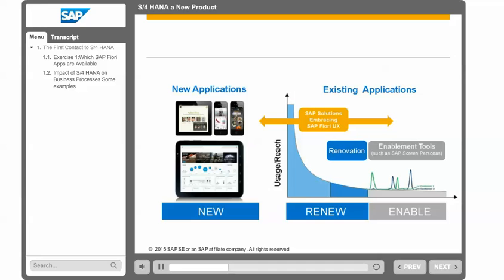SAP have also developed not just new Fiori applications for the new applications interface, but also they have developed Fiori interfaces to reach existing applications. Now, there are a large number of SAP screens that are used today. Over 300,000 individual screens are available in SAP.